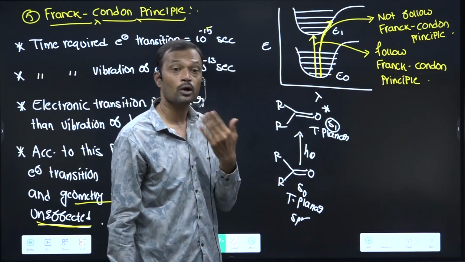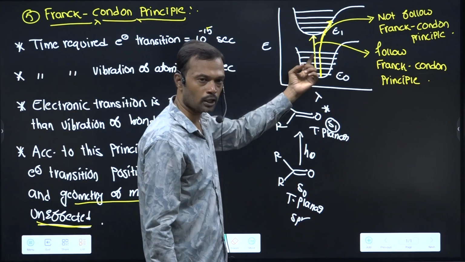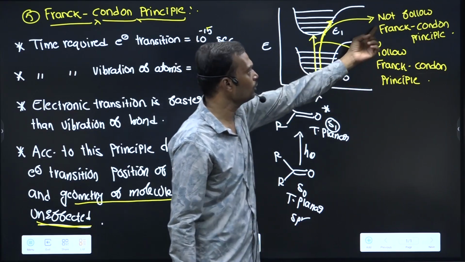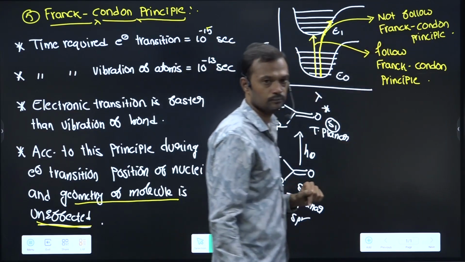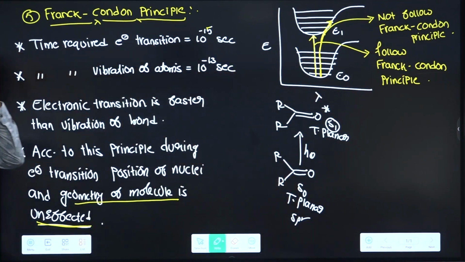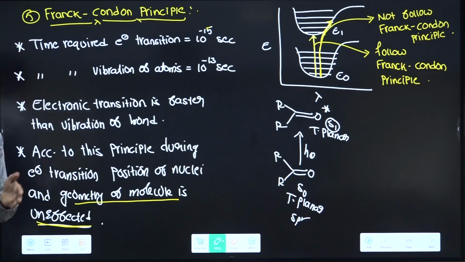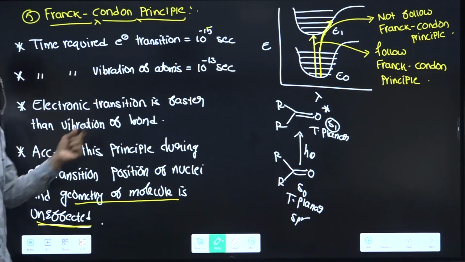If you are giving more time for the transition, it will go against the Franck-Condon principle. Only one point you need to remember: during electronic transition, geometry of molecule and position of nuclei are unaffected. Electronic transition is always faster than vibration of bonds.